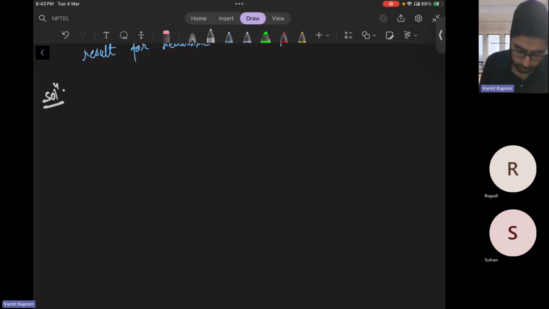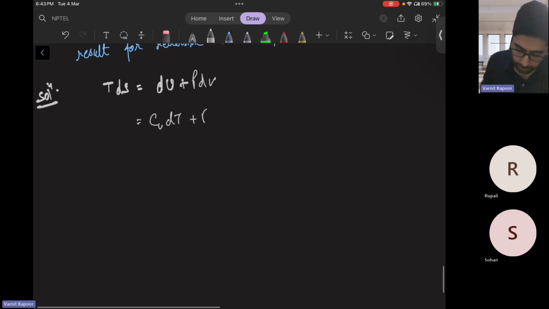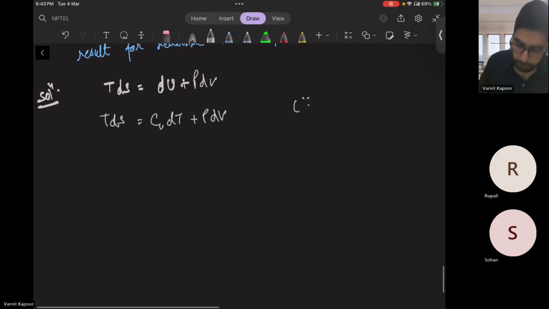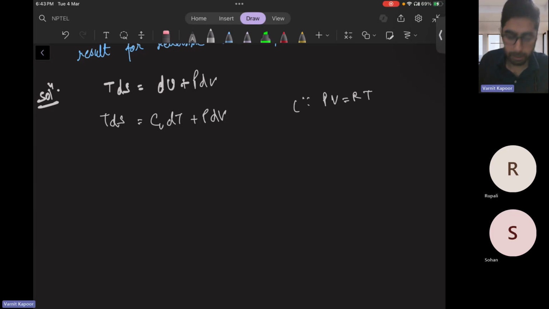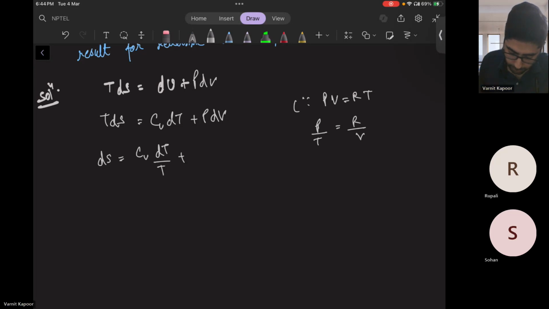So again, we'll use the TDS equation. TDS is dU plus PdV. We know that dU can be written as Cv dT plus PdV. Now, since from ideal gas PV is equal to RT, P by T can be written as R by V. So dS, take this T on the right hand side: this is Cv dT by T plus P by T dV.